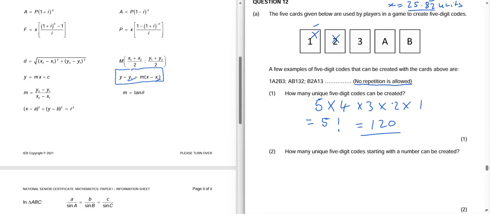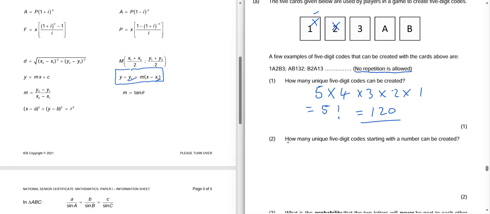And then the second point is how many unique 5-digit codes starting with a number can be created. Now we have another restriction. We are told that we have 1, 2, 3, 4, 5.